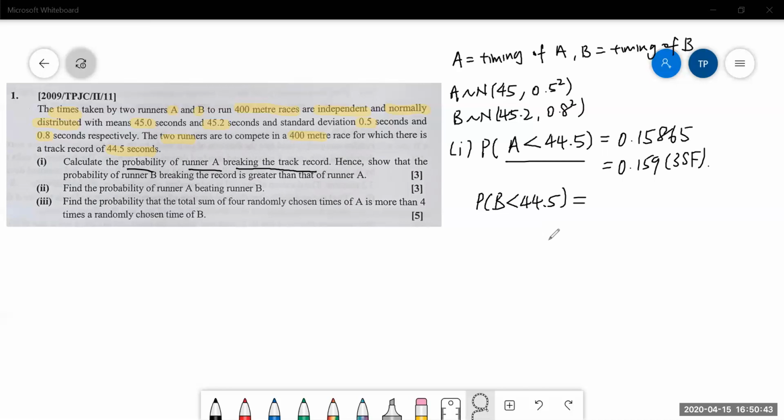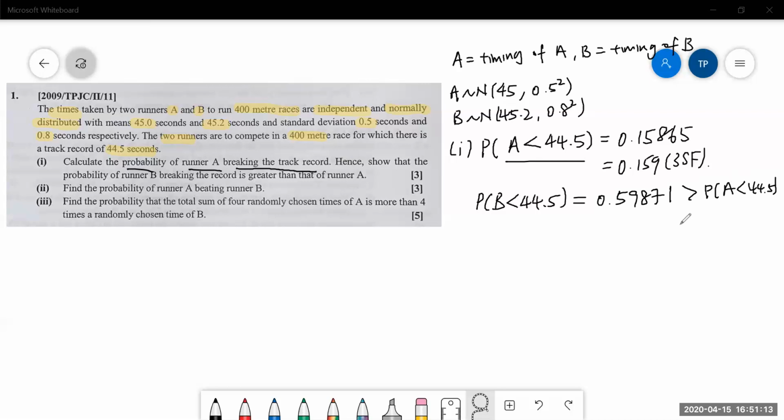Okay, it is 0.5987. So from here, you can show that this is greater than the probability of A lesser than 44.5. That's about it.